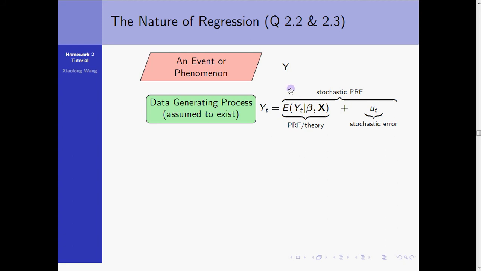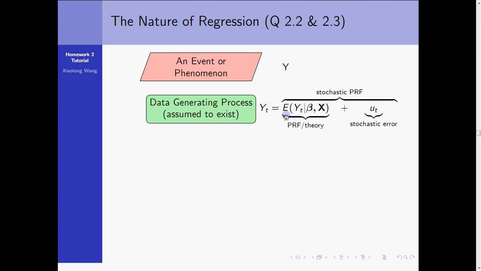So for example, if Y is income, X are age and education, we would say in theory, if a person has a high level of education, we would expect on average that person also has a high level of income.